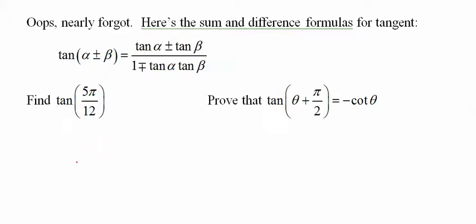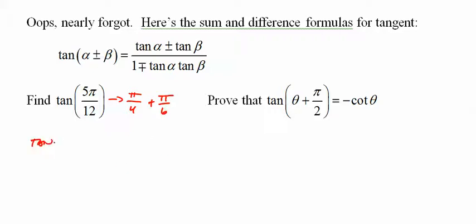5 pi over 12 is a pain. I always forget how to do it. I've actually converted it to degrees and then figured out, oh wait, that's pretty obvious. So actually, I believe it's pi over 4. Nope. Oh yeah, pi over 4 plus pi over 6. Where you been, pi over 6?